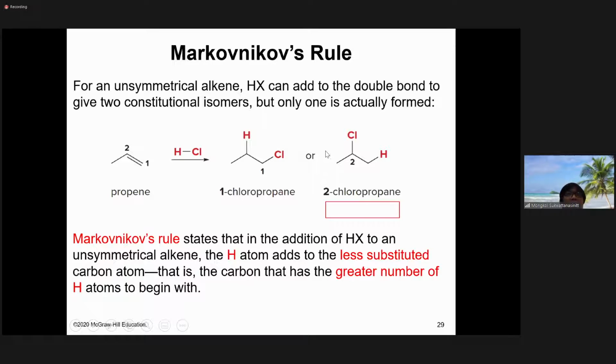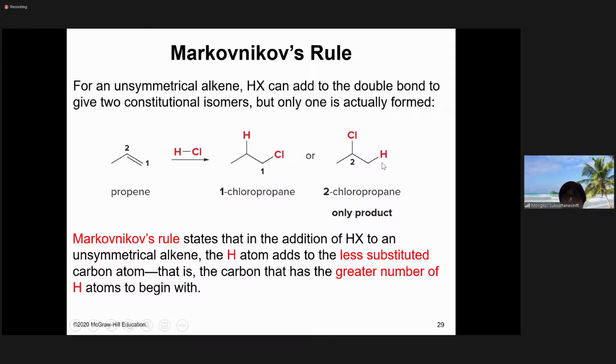Theoretically, which one do you think you get more? 2. Yeah, if you learn about stability of the carbocation, you will be able to predict that you get the 2 more than the 1.